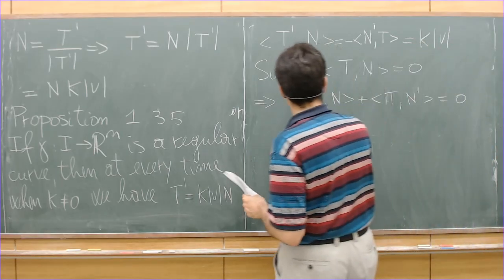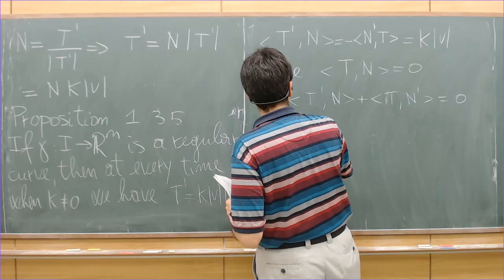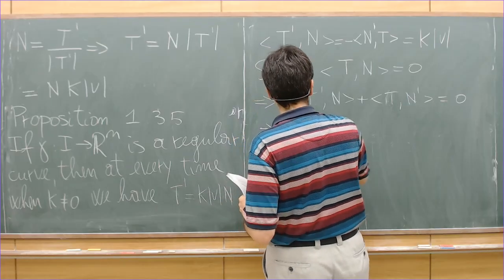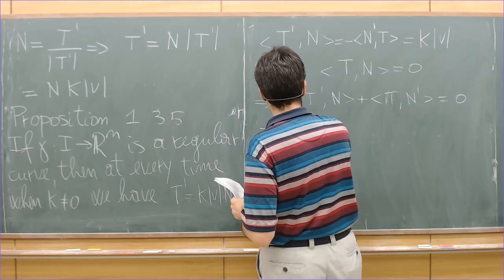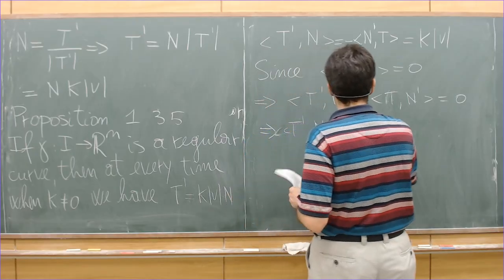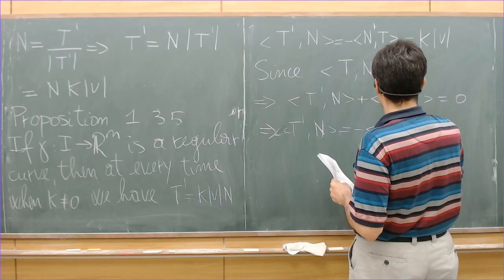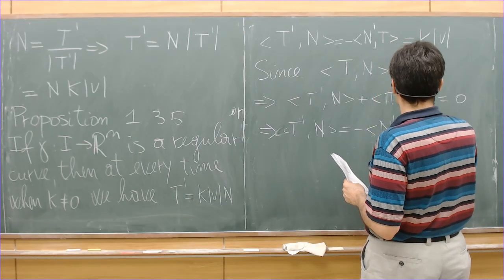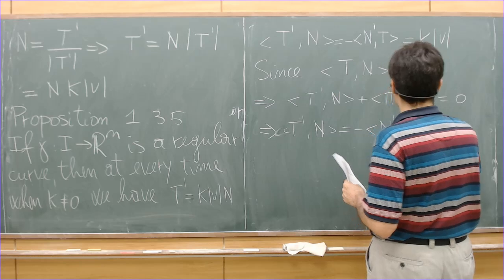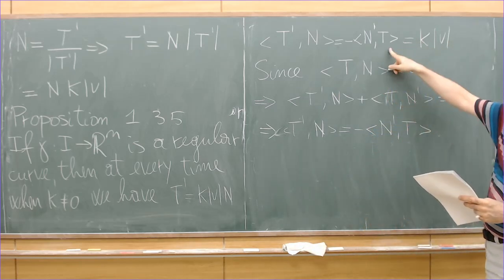And you get immediately that t prime n is negative n prime t, which is exactly what I wrote here.